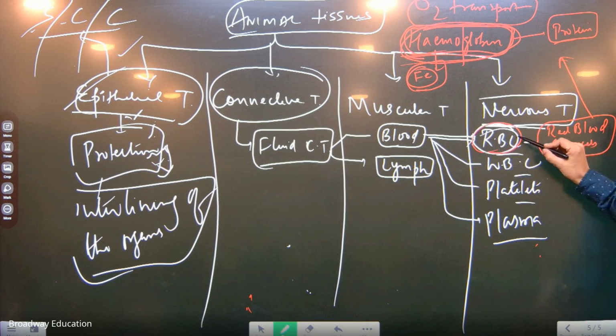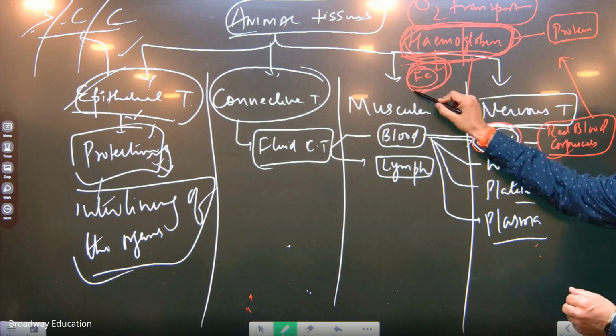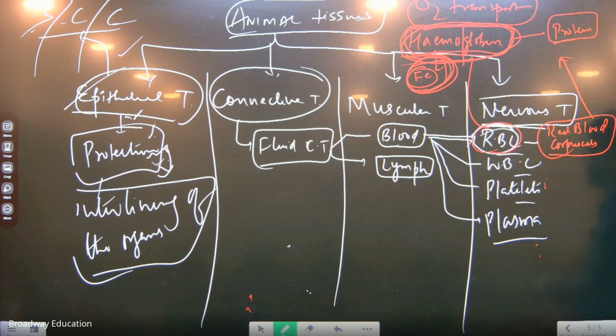Now, if I talk about red blood corpuscles, basically red blood corpuscles has hemoglobin in particular terms, okay, and which element is there in hemoglobin? Iron is there. Is this part clear? Main function of RBC is O2 transport. Moreover, RBC cells, they don't have any nucleus.